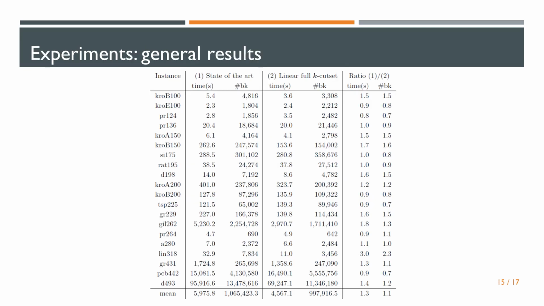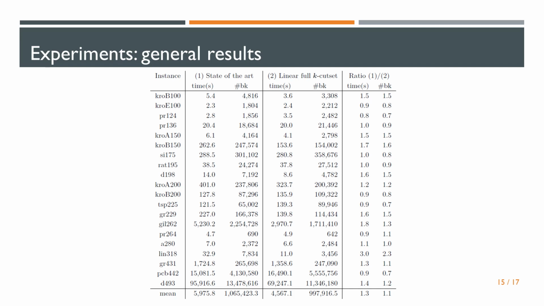Then some experiments. We selected a subset of instances of the TSPlib, a library of reference graphs for the TSP, and we compare with the state of the art, that is the weighted circuit constraint with the k-cutset constraint that we introduced in CP19, with the weighted circuit constraint with the algorithm we presented today for the k-cutset constraint.